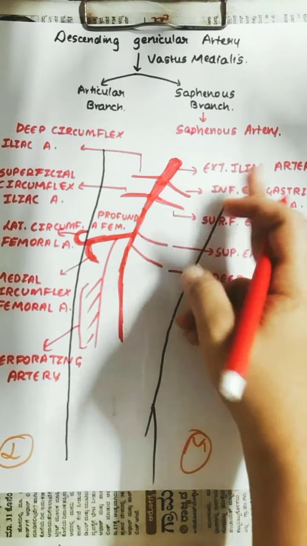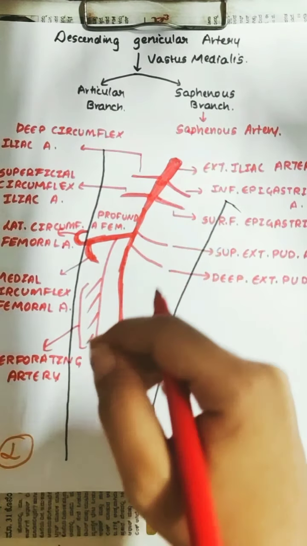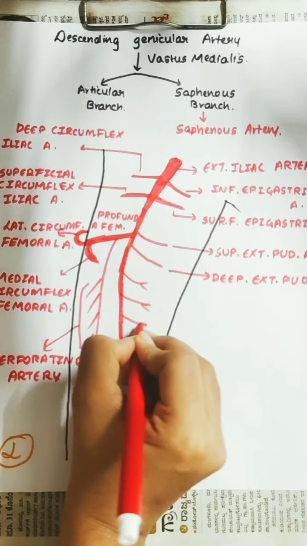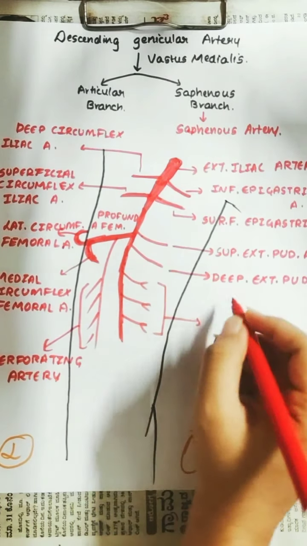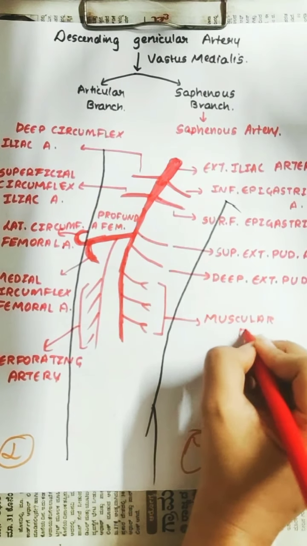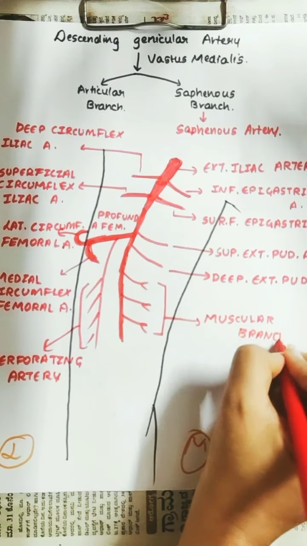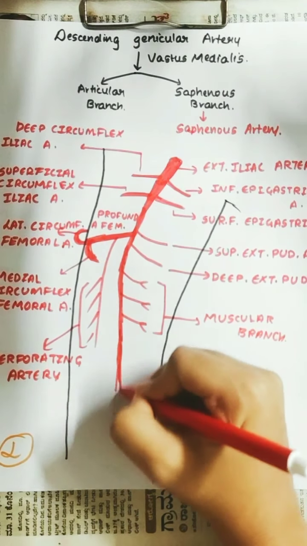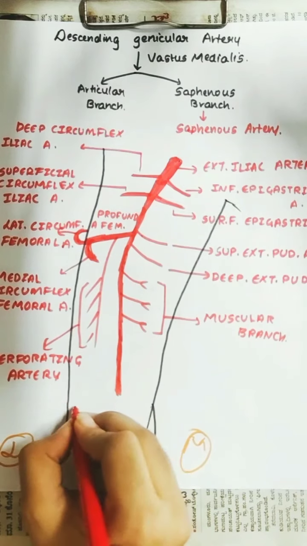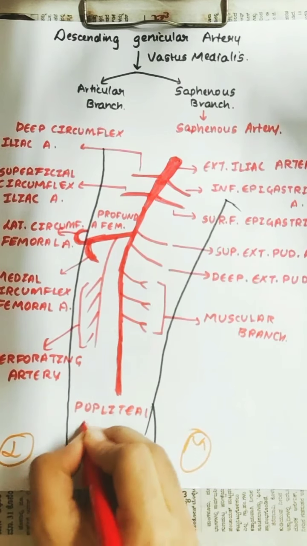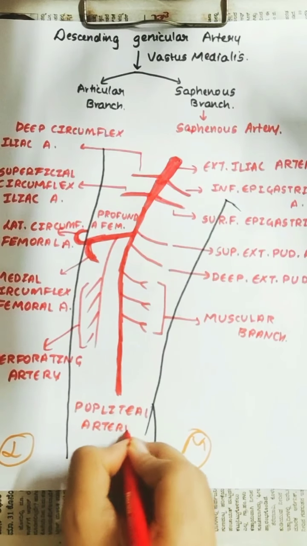Okay, the external iliac artery further continues to give some muscular branches, and continues further as the popliteal artery in the popliteal fossa region.